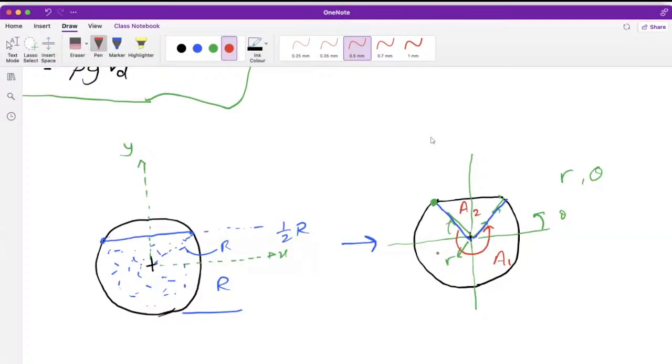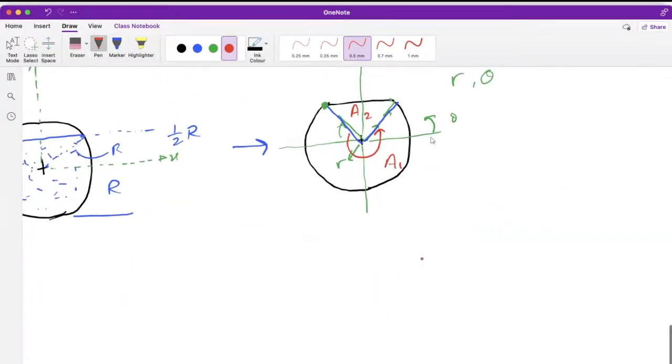If you know a more straightforward evaluation that you can do in a single integration, let me know. This is how I approach this. So my A is now composed of A1 plus A2.